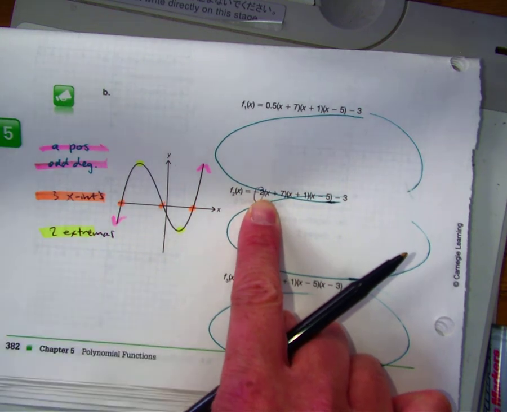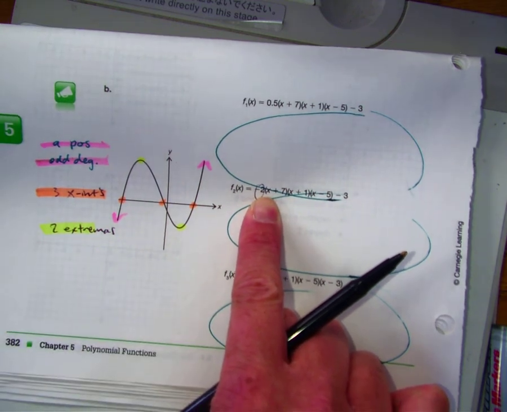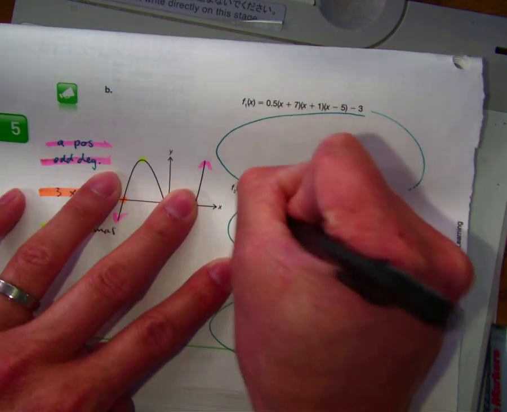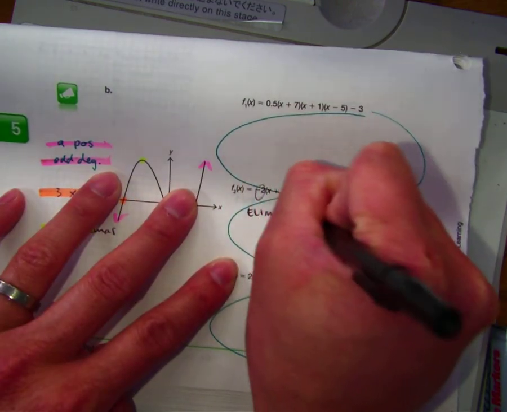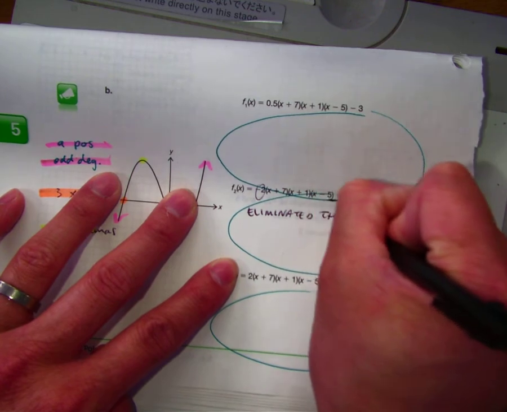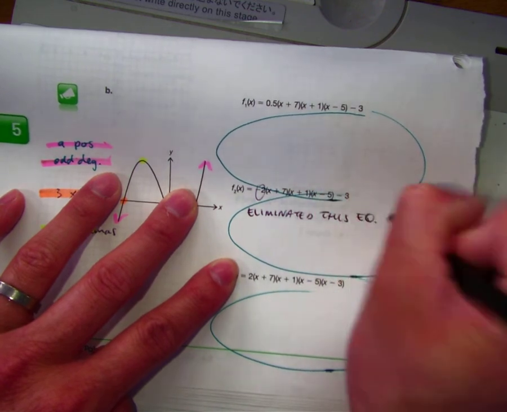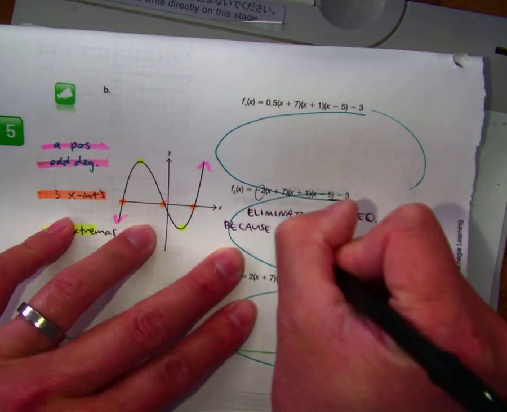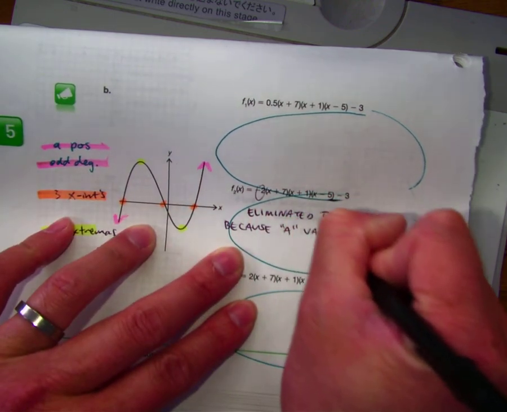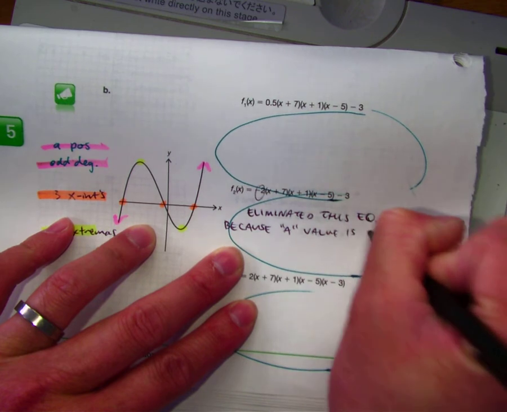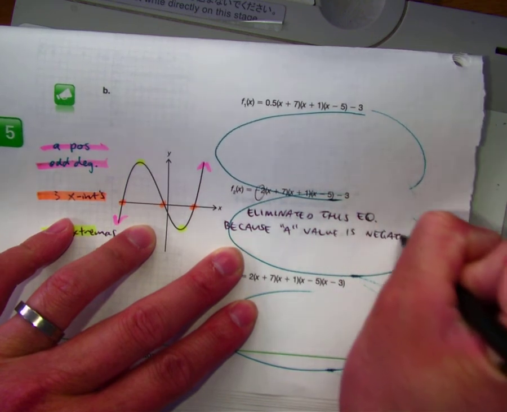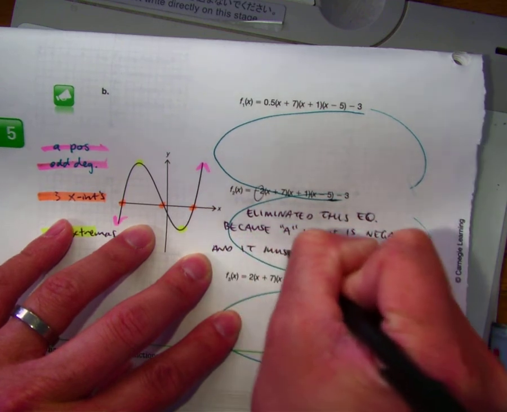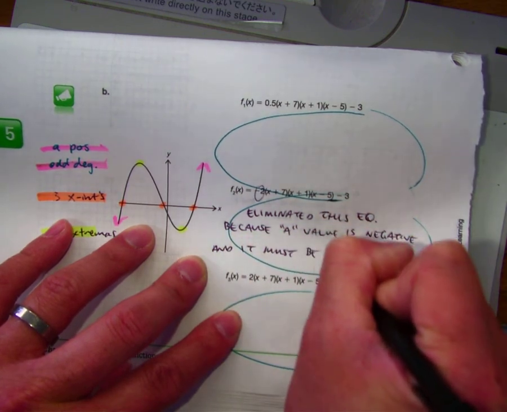So we can write something like: eliminated this equation because A value is negative and it must be positive.